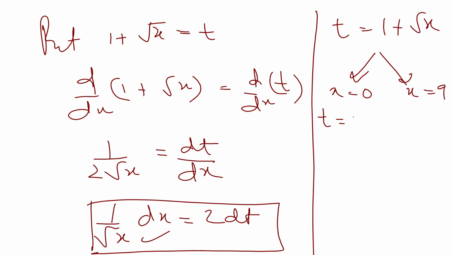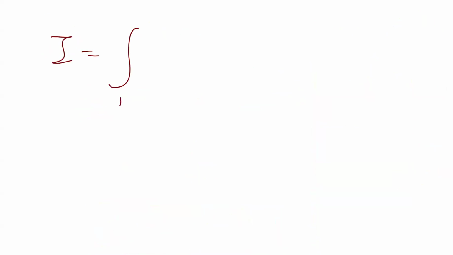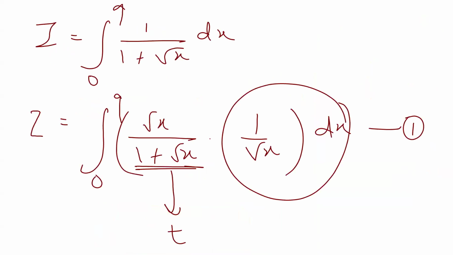So t is equal to 1 plus root 0, that is 1, and t is equal to 1 plus root 9, so 1 plus 3, which is 4. So the lower limit will change to 1, upper limit will change to 4.